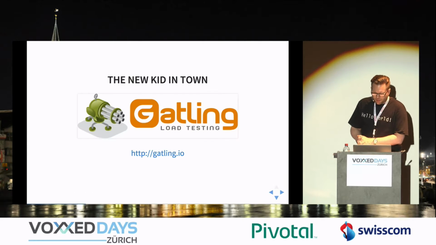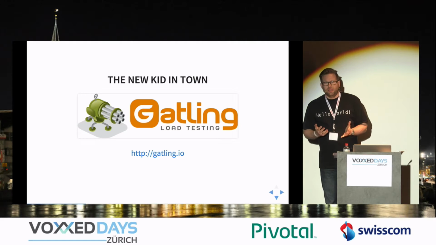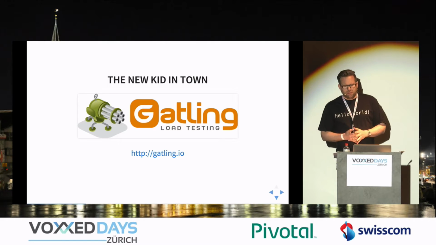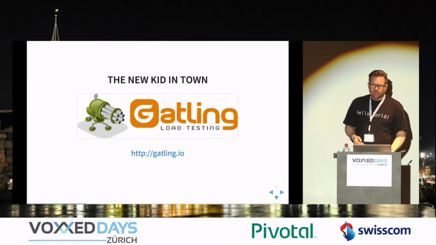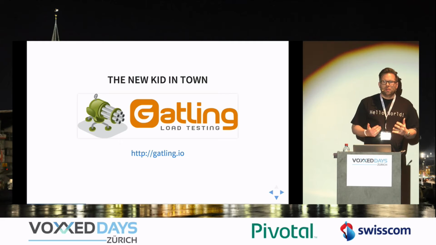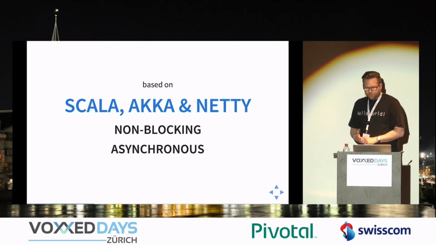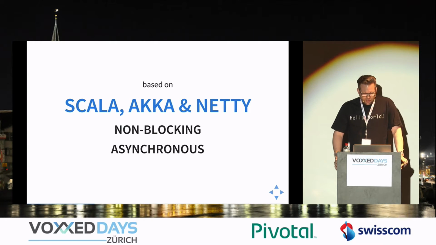And there's a new kid in town, and it's actually not really new. I think they started 4 or 5 years ago with developing Gatling. Gatling wants to be the new stress testing tool, the successor of JMeter, the tool which does multiple things better than JMeter. And Gatling is based on the Scala, Akka and Netty stack.